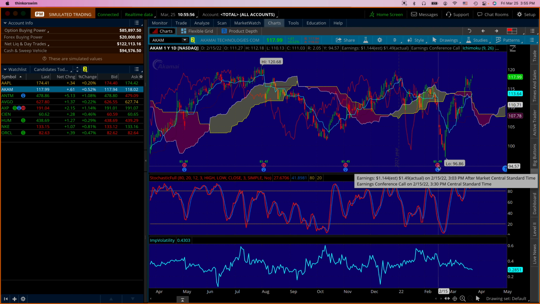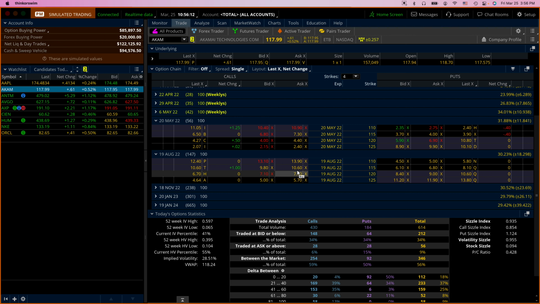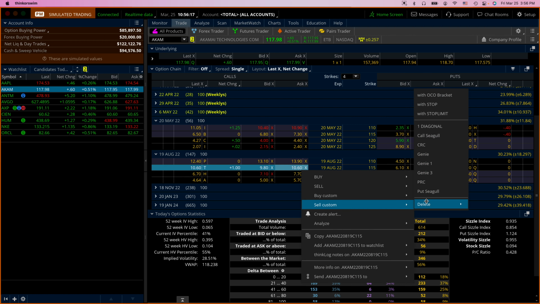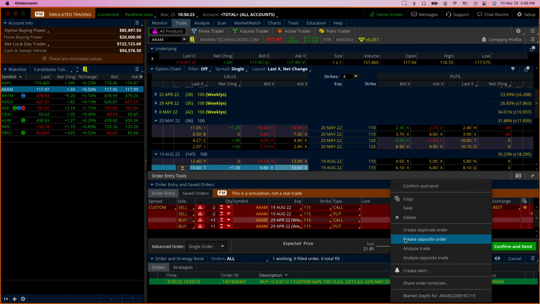The estimate was 1.144 versus the actual 1.49, so it beat by a wide margin. The trade itself, if I did that, would have to go to August, which is far back, and the 115 by custom. Let's just show it for show, sorry. Analyze opposite.